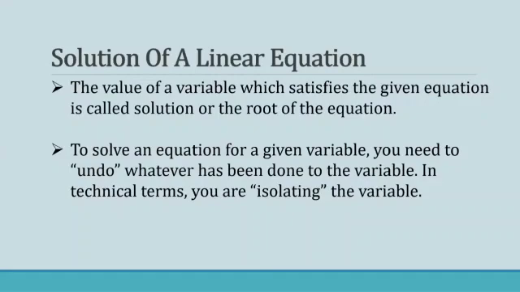We need just variable on the left hand side, so that on the right hand side we will get some constant number. And in order to find the value of the variable, we need to undo whatever has been done to the variable. Suppose if some number is added to the variable, then we will subtract the same number. If some number is multiplied with variable, then we will divide the variable with the same number so that we can isolate the variable.